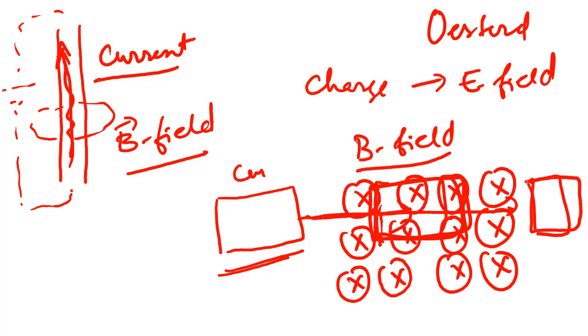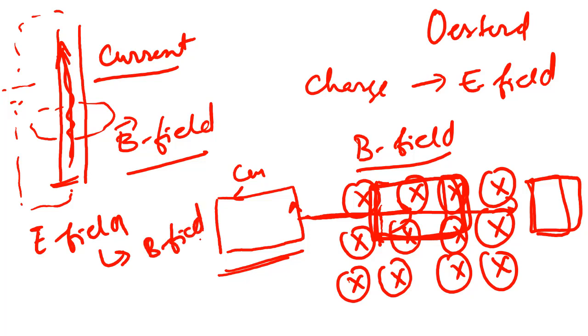Faraday observed that you basically end up producing a current in the loop. So if you change the E field, like in a current carrying wire, you get a B field, and if you change the B field, you get an E field.